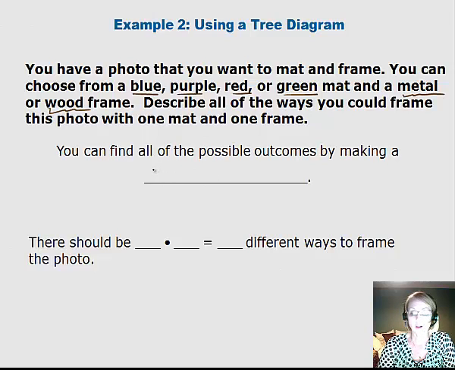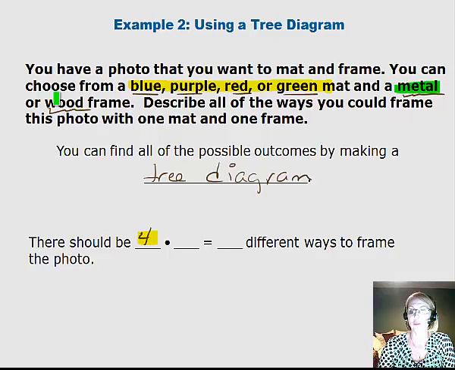Well, you could find all these possible outcomes by making a tree diagram. Now to decide this, we can count how many there should be. If you look at this, we have 4 options here, 4 options in yellow.